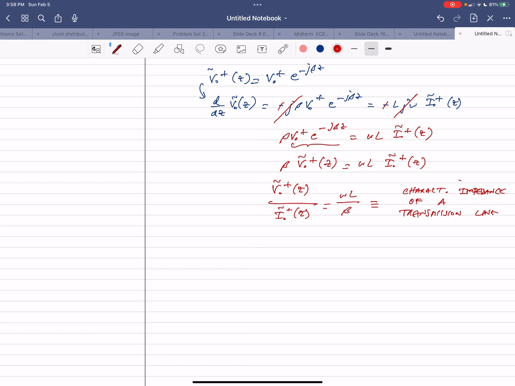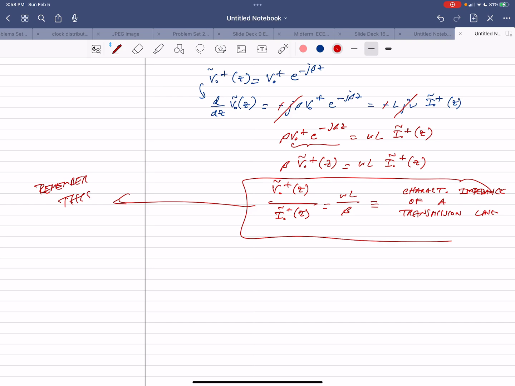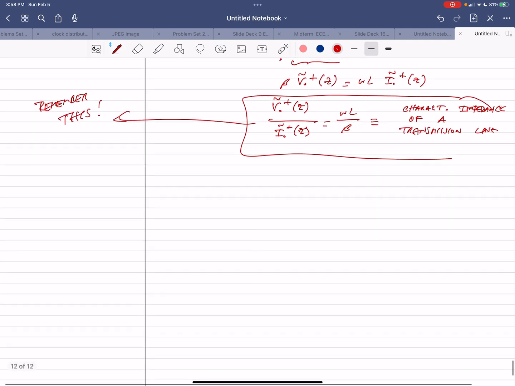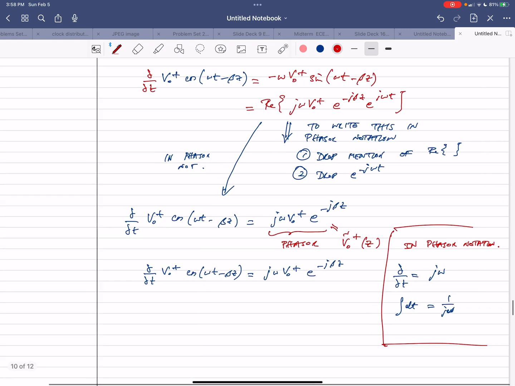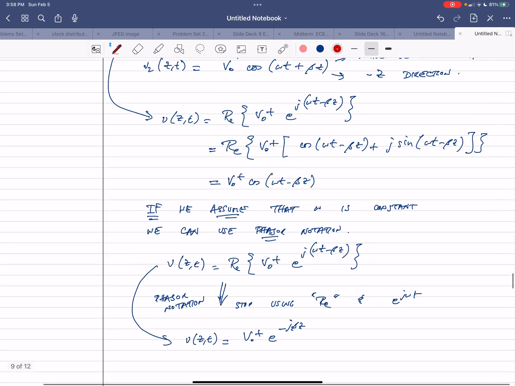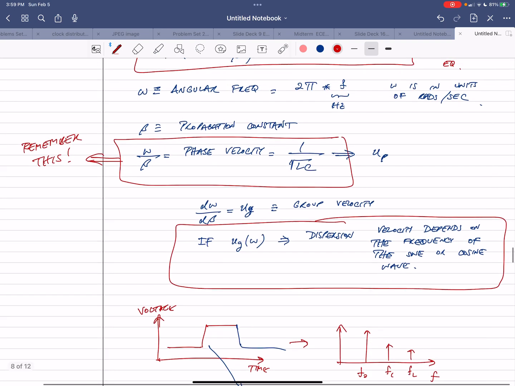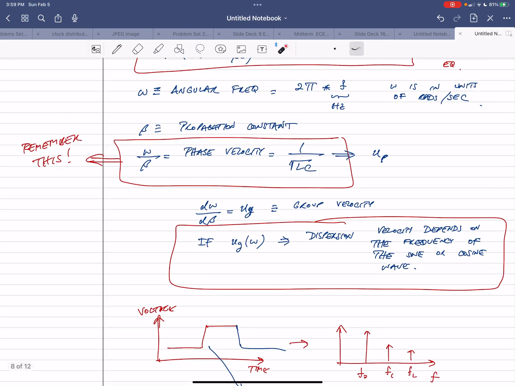That's something else that you should remember. But when I say remember this, I mean remember this like forever. The phase velocity, or the speed at which a waveform goes through a transmission line, is 1 over square root of LC.